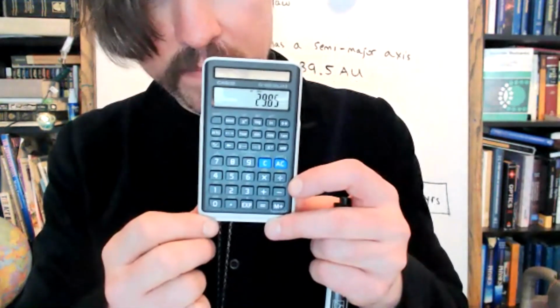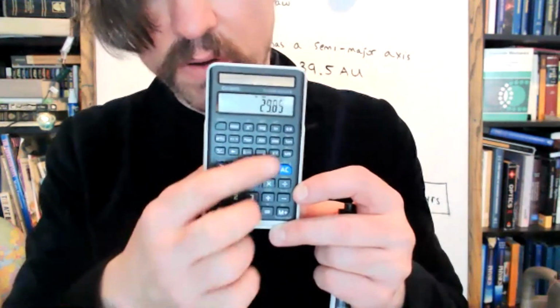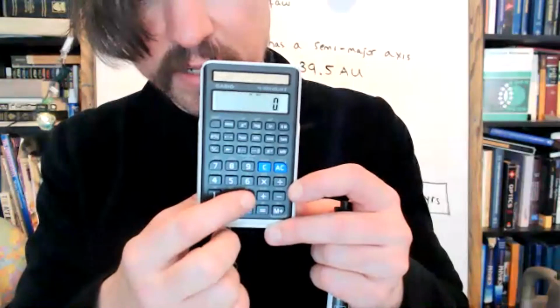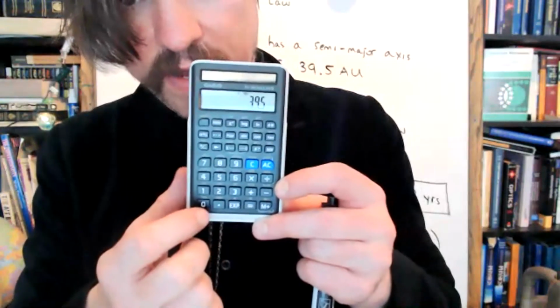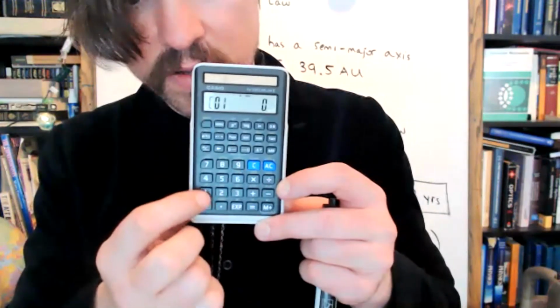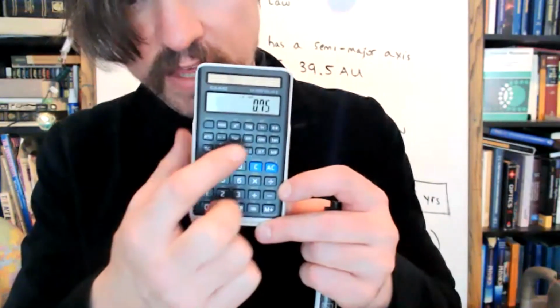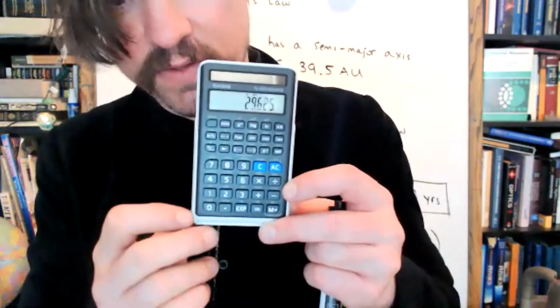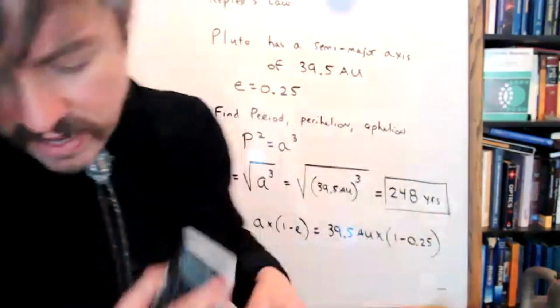Is that what you got? I think you put 39.8 in there originally. Sorry, I'm a little tired today. No, you're fine. I just thought I'd let you know. 39.5 times, let's try that again. 1 minus 0.25 close parentheses. That does the parentheses, and then you hit equals. All right. What do you want to round it to? How about 30 AU?